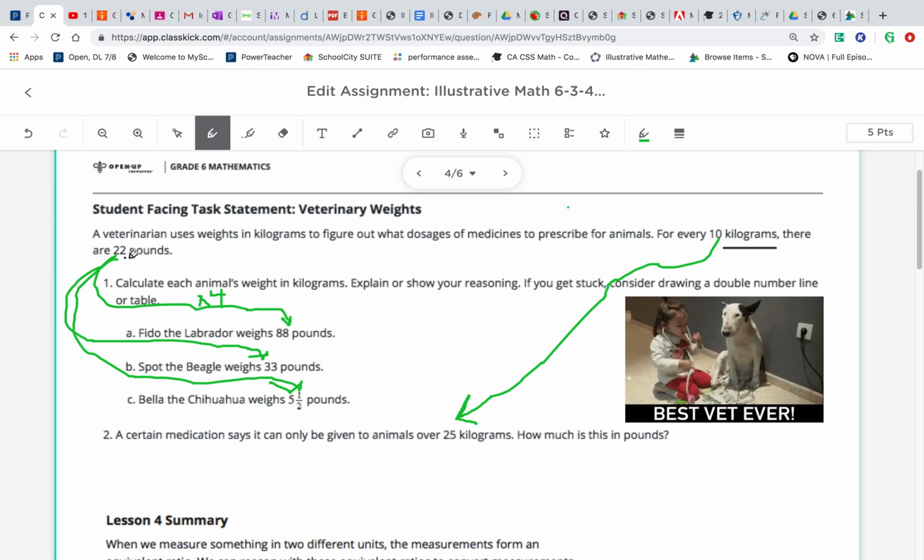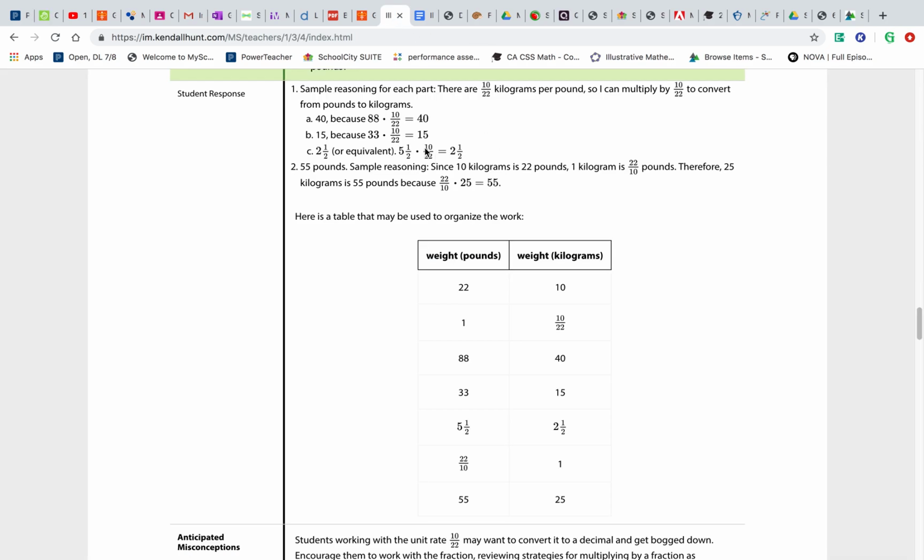Let me show you how it looks in tables with the explanation here. They just explain it here. If the ratio is 10 over 22 kilograms per pound, you can just multiply by 10 over 22. If you take 88 and multiply it times 10 over 22, that's another way to end up with the 40 that we mentioned.